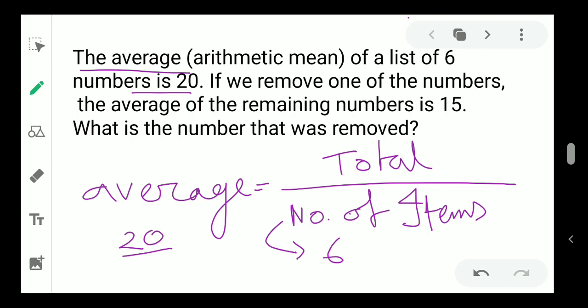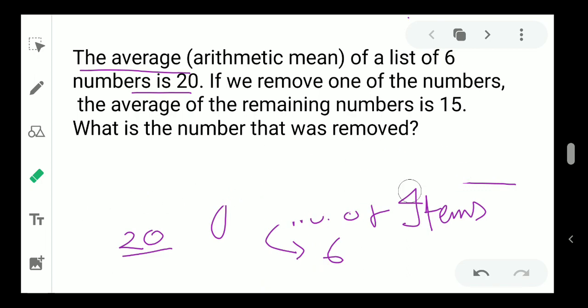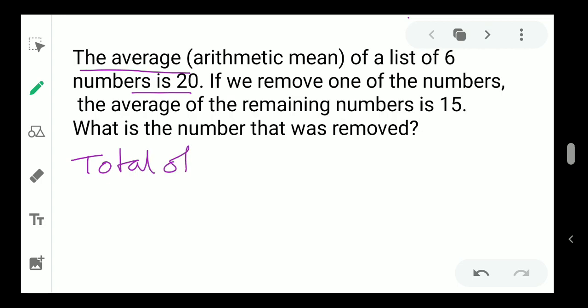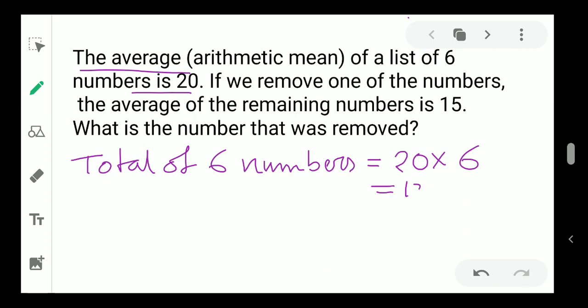So I can write that my total of 6 numbers is the average 20 into the number of items 6, that is 120.